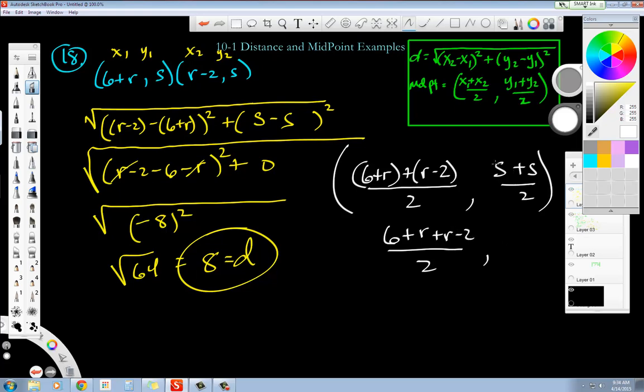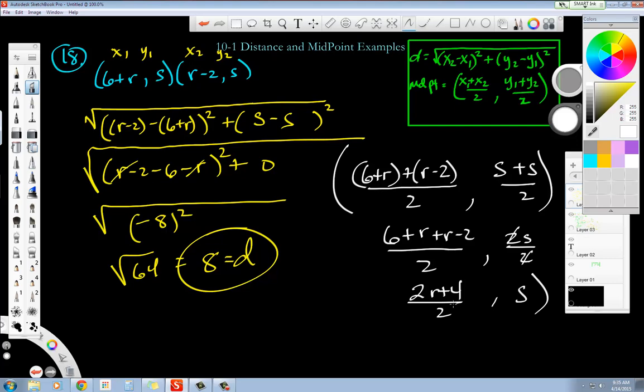And on this side, what do I have? 2S over 2. And make sure you make your S's like an S, because they'll turn into 5s. Mine always do. Those twos right there will cancel, leaving me just S on that side. Now let's simplify it on this. This will be 2R plus what? 4. Good. So plus 4 over 2.